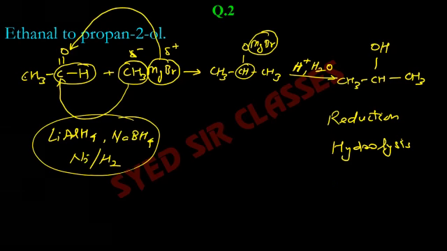Aqueous KOH gives you the alcohol. So at least remember that reduction by lithium aluminum hydride, NaBH4, nickel and hydrogen, or hydrolysis, acidic hydrolysis, or aqueous KOH will most probably be used if you are converting anything to alcohol. These three are very important to remember.